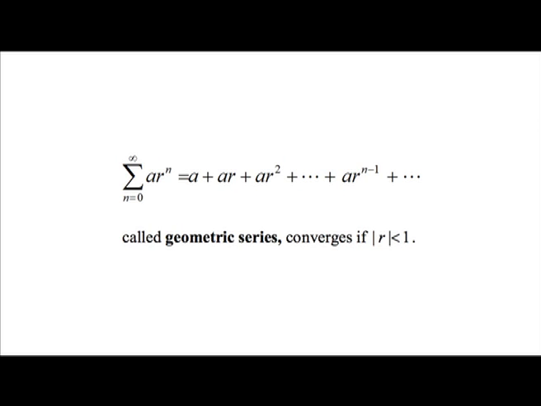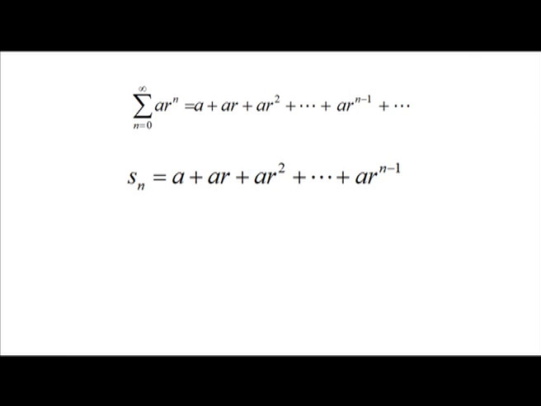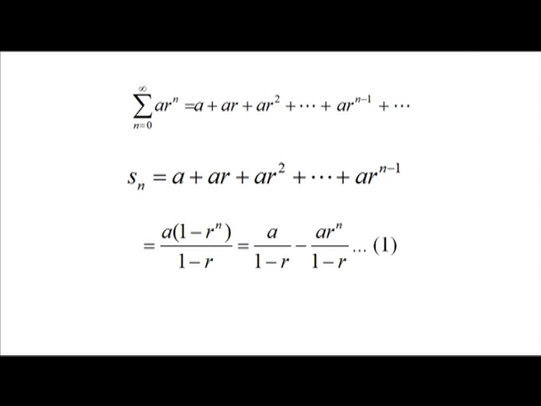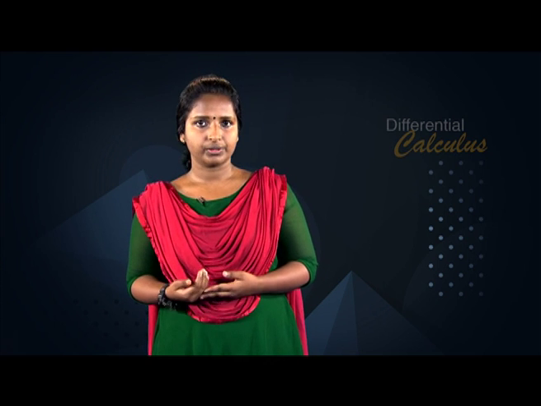The nth partial sum of the series is given by Sn equal to a plus ar plus ar square plus etc. plus a r power n minus 1, which is equal to a into (1 minus r power n) upon (1 minus r), which is equal to a upon (1 minus r) minus a r power n upon (1 minus r), equation number 1. We note that when absolute value of r is less than 1, r power n approaches 0.